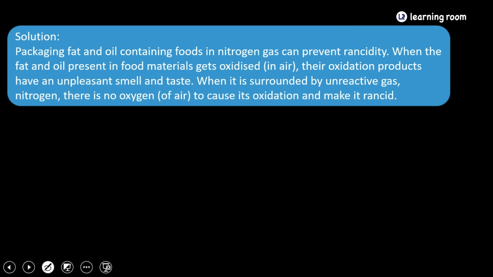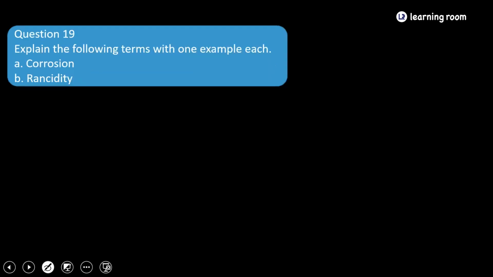When fat and oil in food material get oxidized in air, the oxidation products have an unpleasant smell and taste. So the food is surrounded by an unreactive gas, nitrogen. There is no oxygen, so in the absence of oxygen the food will not get oxidized and become rancid.